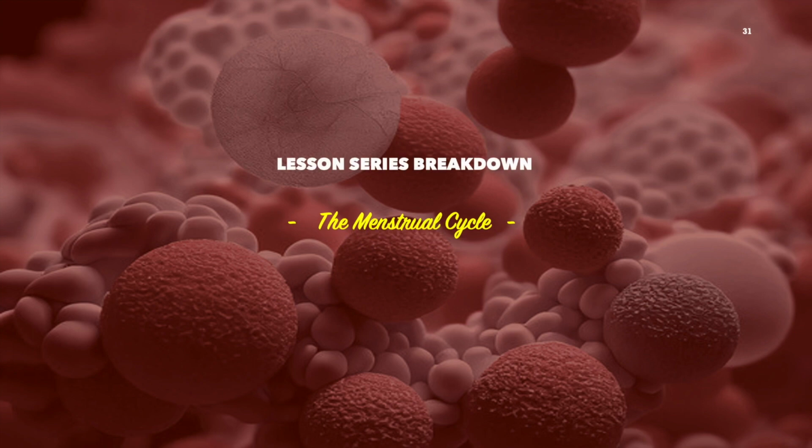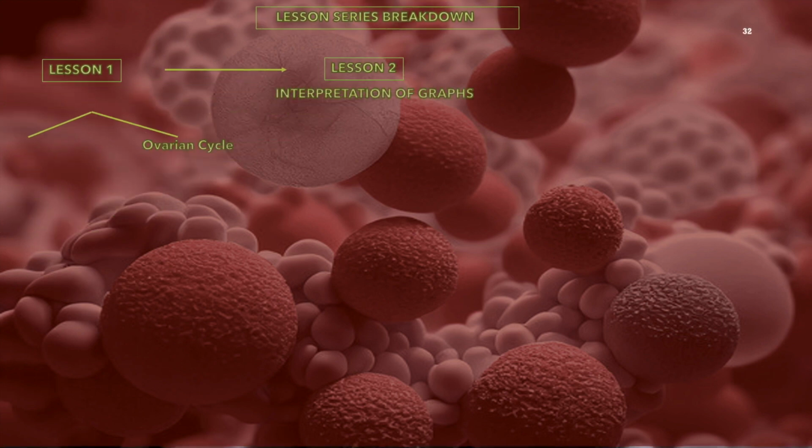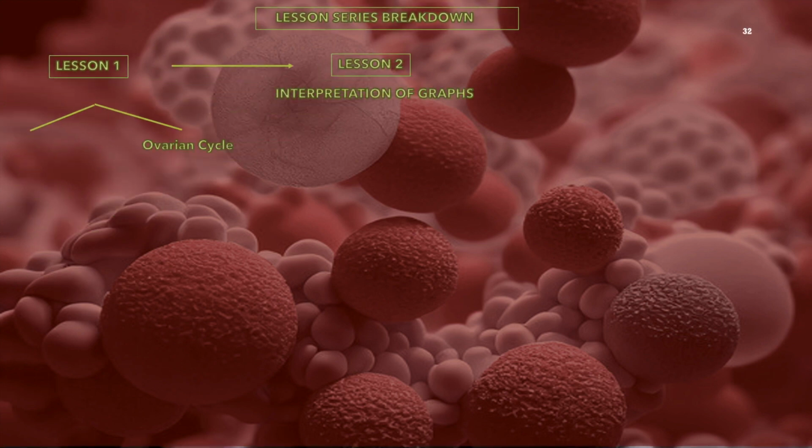Before we look at the questions intended for this lesson, let us quickly run through what we've been through in the previous two videos. In lesson 1, we looked at the process of the menstrual cycle, the 28-day cycle, in terms of what happens in the uterus and in the ovaries.